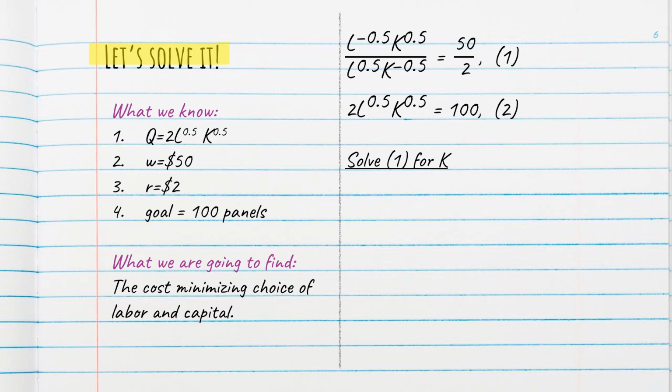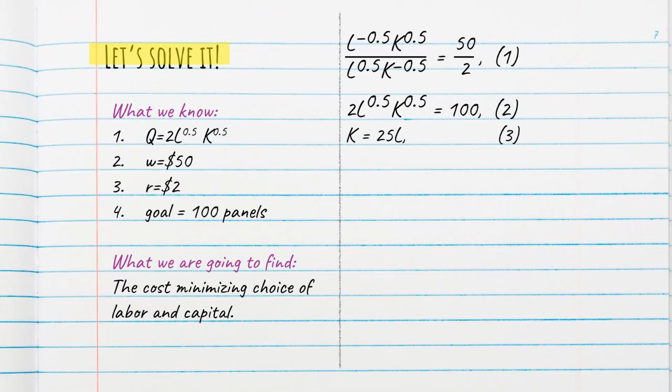If I push that into the denominator, I end up with an L. And I have a K to the negative 0.5 in the denominator. If I move that up to the numerator, I end up with a K. So this can be simplified to K over L is equal to 25. And then solving for K by multiplying both sides by L, I get K is equal to 25L, and I'll call that equation 3.